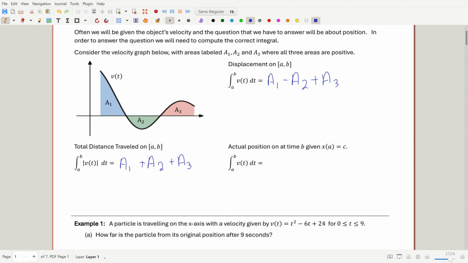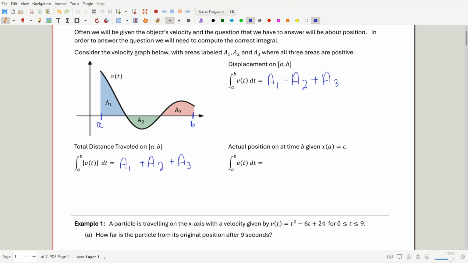If I want to know what the actual position at any time b is, then I need to know, where's the way I have this? Yeah, I guess I should have this. This was brand new, so I can see a lot of bugs in this one as I was working it, but I'll just change them as we talk them through. If I want to know where I am at that time, I need to know my starting value.